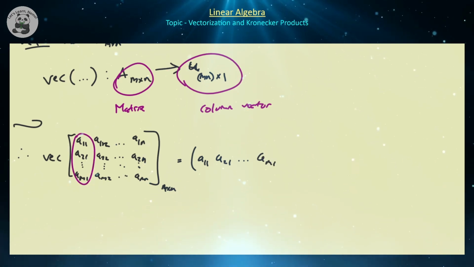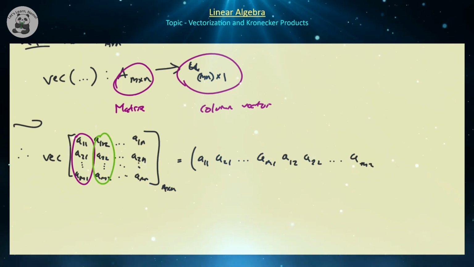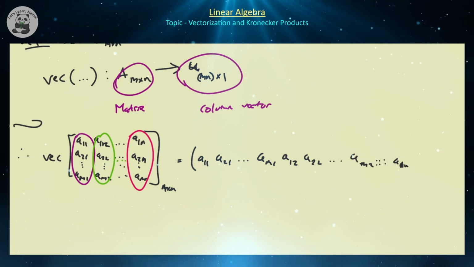So that's the first column, and we're going to be transposing this vector, by the way. And then A12, A22, all the way down to Am2. So that's going to be the second column, all the way down to the last column, A1n, A2n, all the way down to Amn, transpose of that. Right? So this looks like a column.